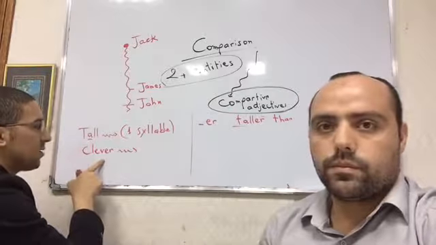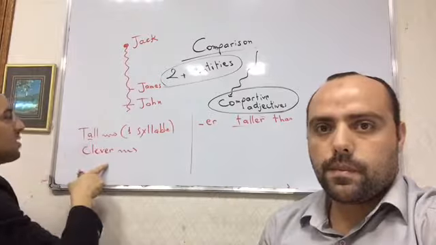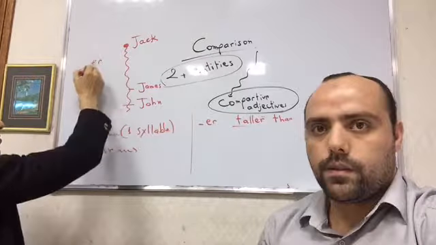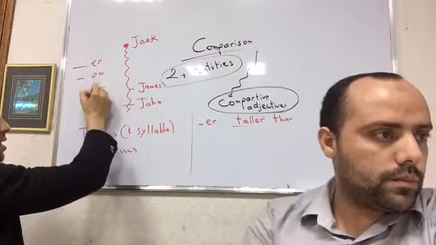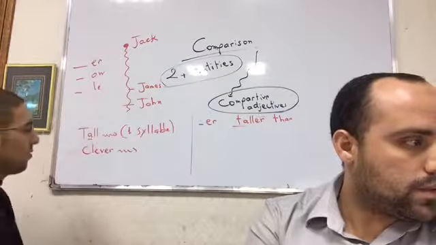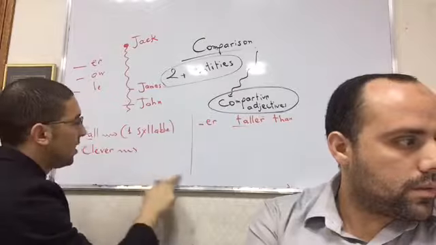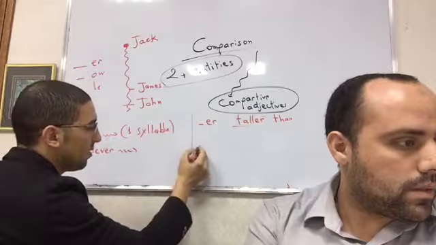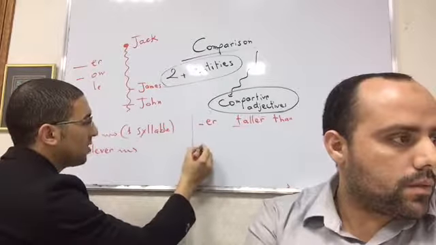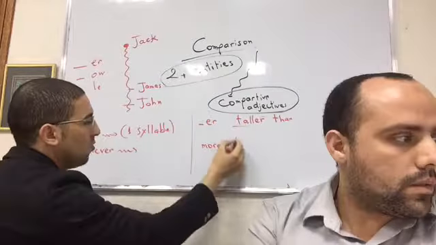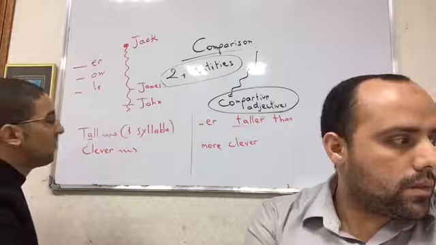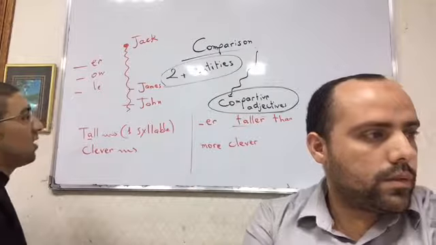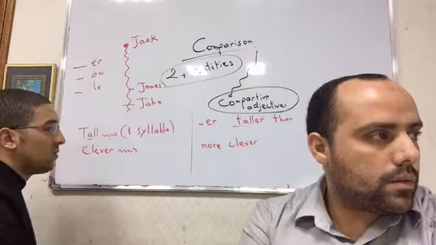But in this case, you remember, there are some exceptions, adjectives that end in ER, OW, LE, for example. Here, with clever, you can say both. You can add ER and say cleverer, or you can say more clever. So here you can say, for example, James is more clever than John, or Jack is more clever than James, and so forth.